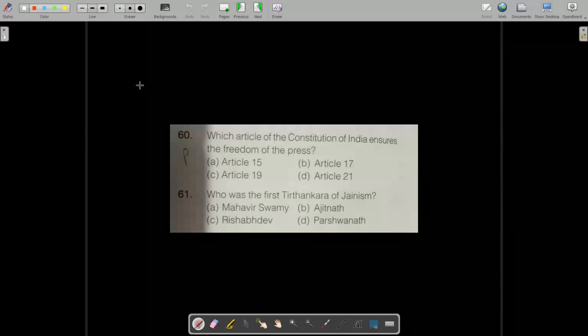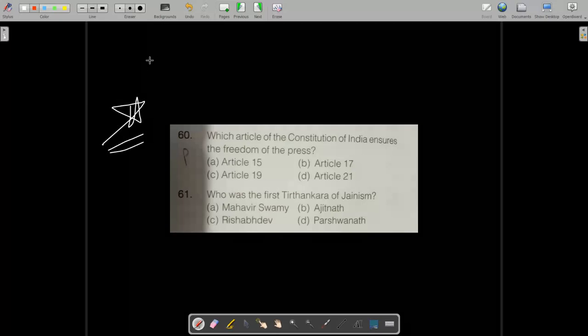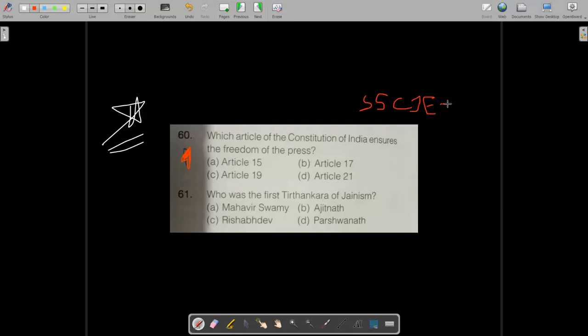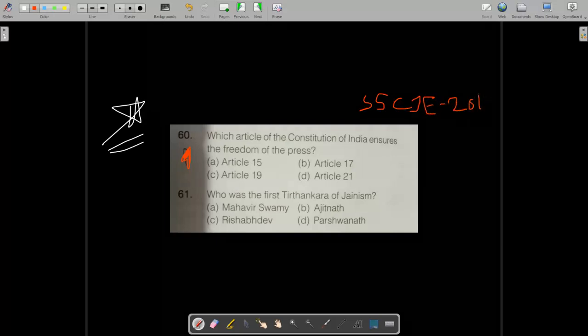So let's start. But before we start, as usual, a non-technical question for your preparation of SSC, JEE, and all other exams that you are preparing for. This question was asked in SSC JEE 2017, that means last to last year, because till now, at the time when I am recording, the SSC JEE 2018 mains exam has not been conducted.